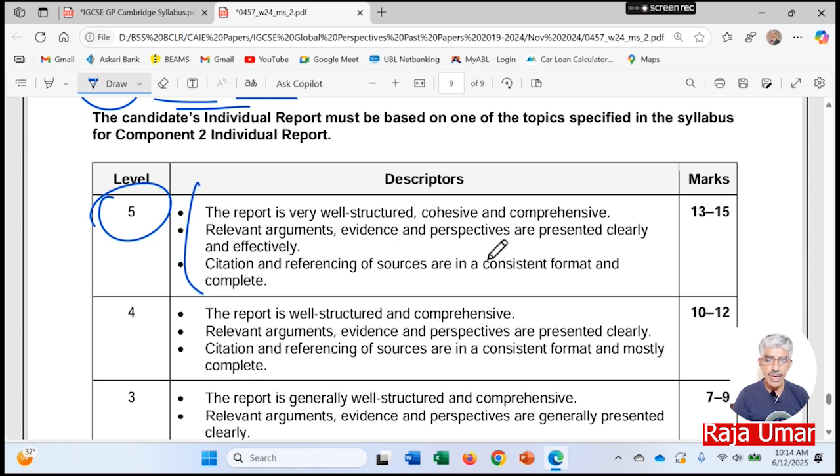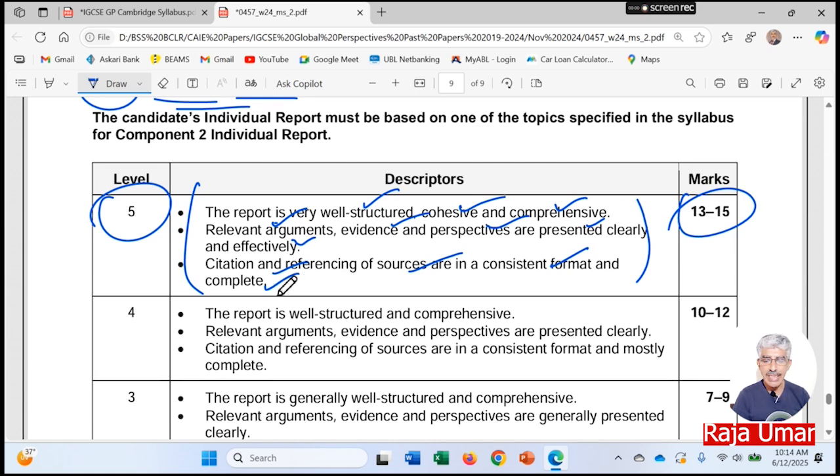The report is very well structured, cohesive and comprehensive. Relevant arguments, evidence and perspectives are presented clearly and effectively. Citations and referencing of sources are in a consistent format, they are complete, all references are given, and the bibliography is really well structured and well prepared.